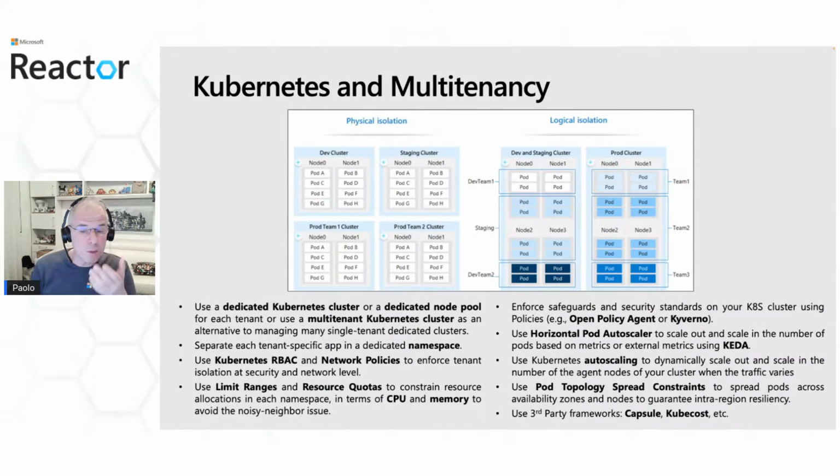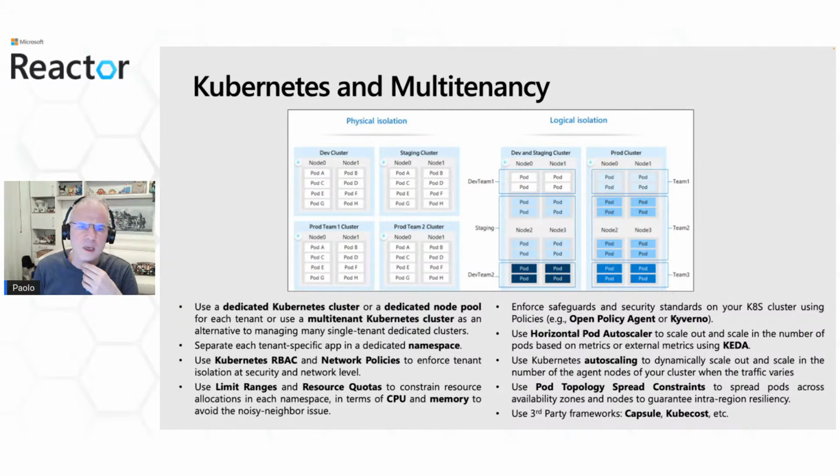So Kubernetes also provides the ability to auto-scale the number of nodes based on the current demand. So this is very helpful to keep under control the total cost of ownership, because you can dynamically scale out and scale in the number of nodes based on the traffic conditions. Finally, if you want to have a better resiliency, you can also use the pod topology spread constraint to spread your pods across the availability zones within a region.